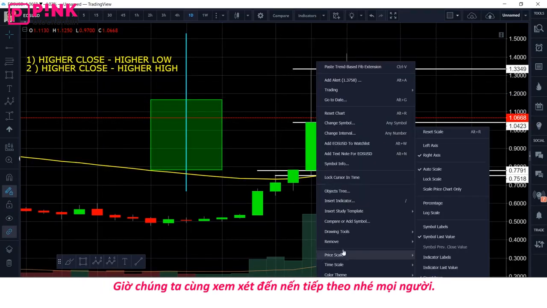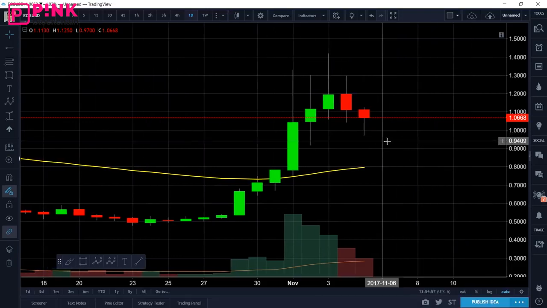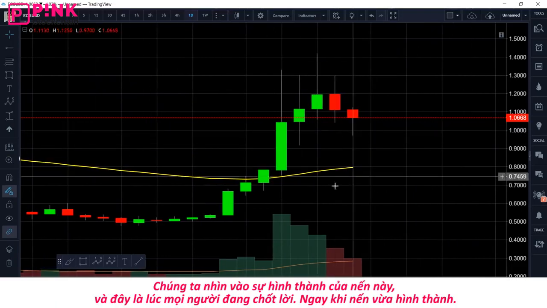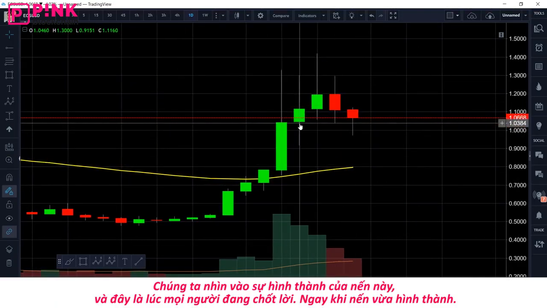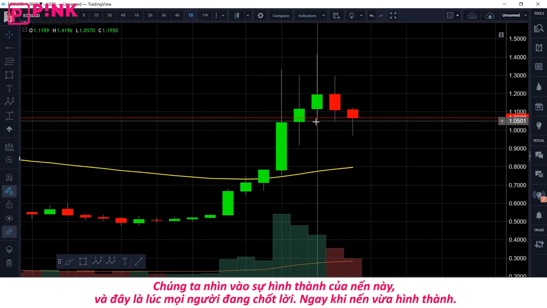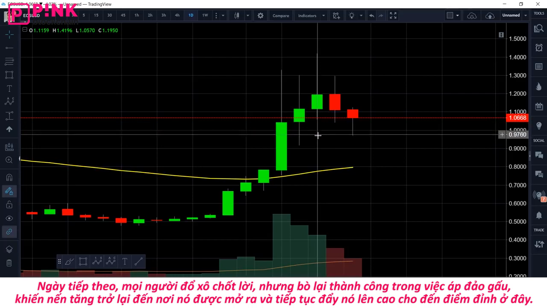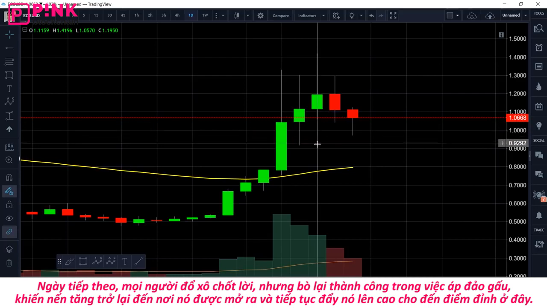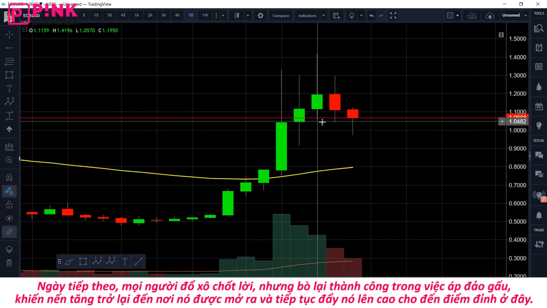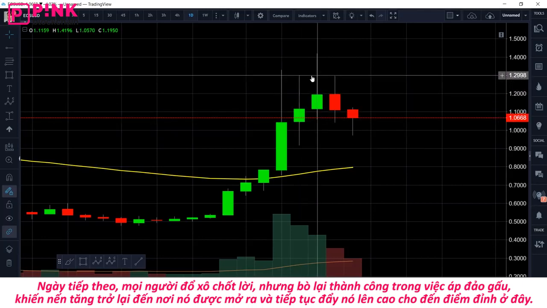Now we take a look at the next candle that's formed, okay? Here, as soon as this one finished, the next day, people took profit, right? But the bulls successfully regained control, moving it all the way back up to where it at least opened, and then pushed it all the way up to this point over here.